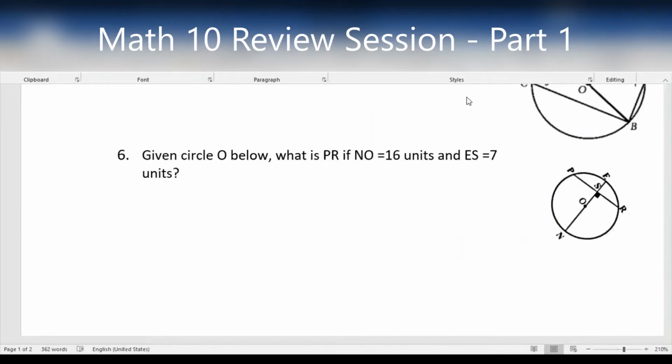I will erase that. Now, number 6. Here you have to apply the Pythagorean theorem. Who will discuss number 6? Tell us your answer first. It can be in radical or decimal form. Anyone? Group 6?